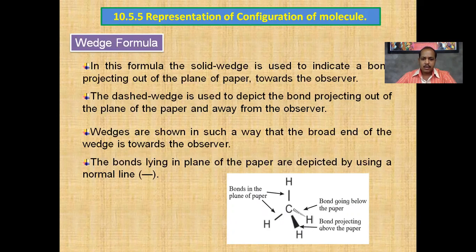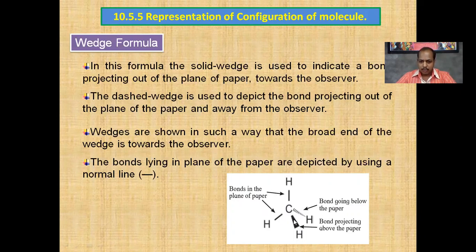Similarly, here you can observe the dashed wedge. This dashed wedge is used to depict a bond projecting out of the plane and away from the observer. The wedges are shown in such a way that the broad end of the wedge is towards the observer.